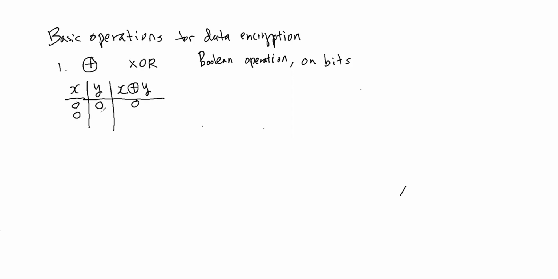If exactly one of them is 1, then the output is 1. If both of them are 1, the output is 0. So this is exclusive OR.